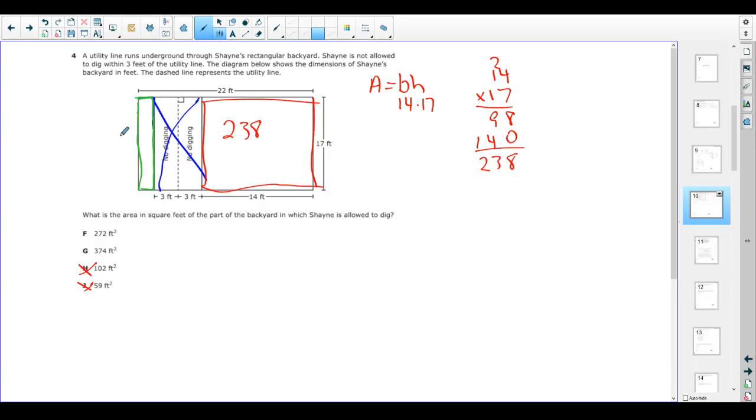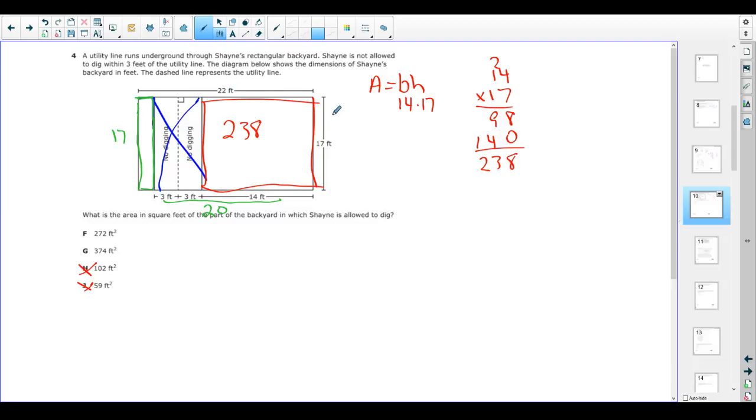So we know it's still 17 high, but we need to know the width here. We have 14, 3, and 3. This whole thing here, that's 20 feet, right? And the entire yard is 22 feet.